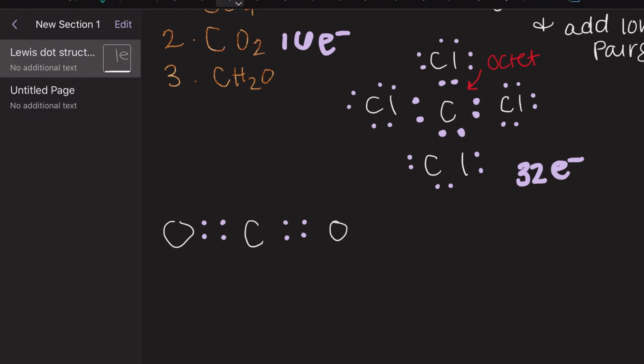The answer there is no, because this oxygen right here has 4, and this oxygen has 4. So our next step is to add lone pairs. We've used 8 electrons and we still need to use 8. So we can give this one 2, and 2, and then give this one 2, and 2. And that is our 16 electrons, which means that this is the Lewis dot structure for CO2.